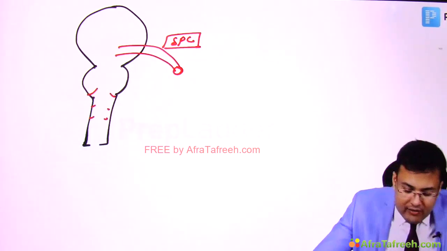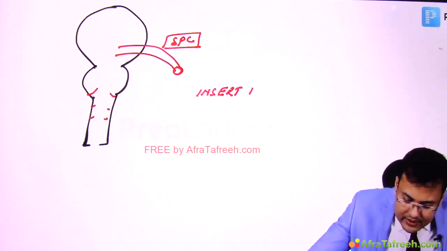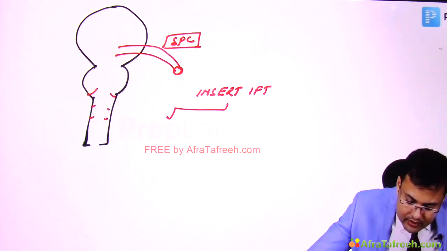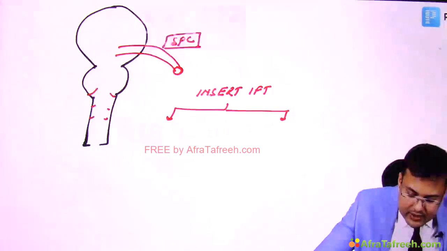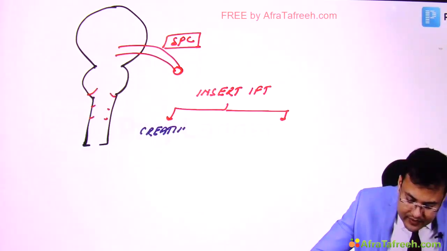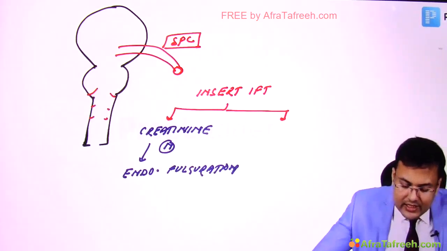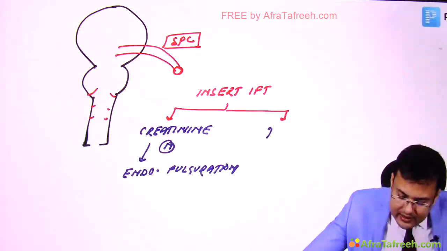So how do we manage these patients? First, insert an infant feeding tube. There are two possibilities. First, creatinine becomes normal. In that case, we perform endoscopic fulguration. Second situation, creatinine is still raised.